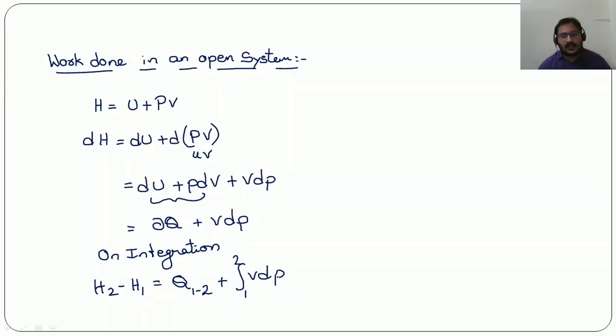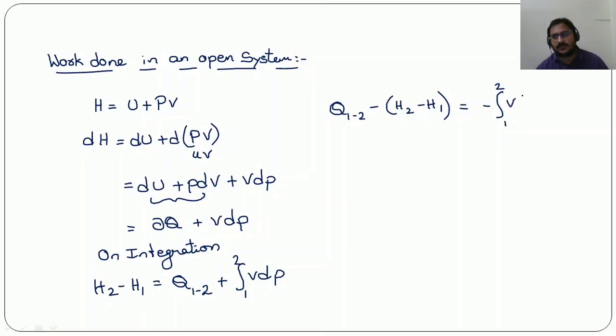Okay, now from this, Q1 to 2 minus of H2 minus H1, if I write like this, this will be equal to minus integral VdP. This is what we are going to get.